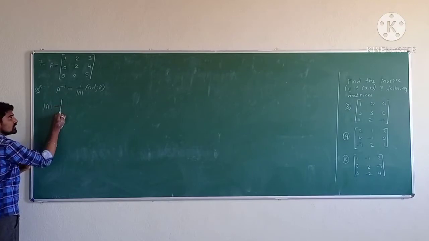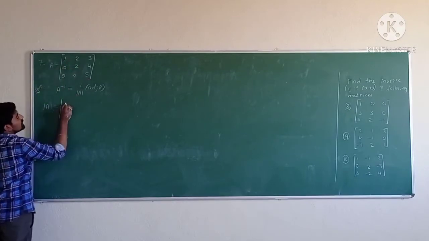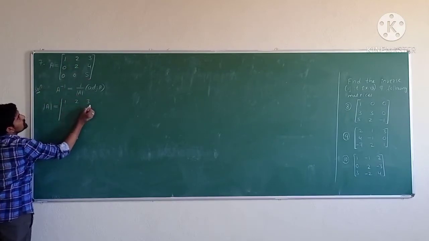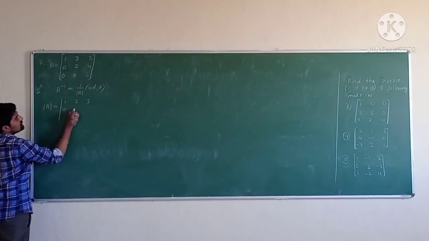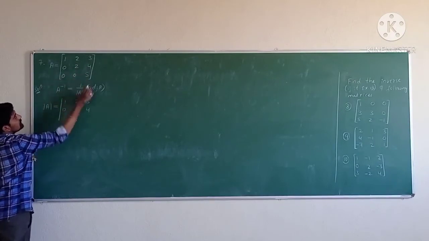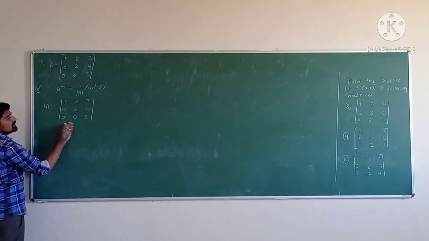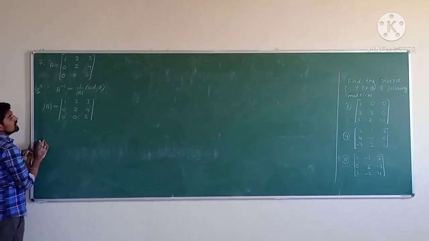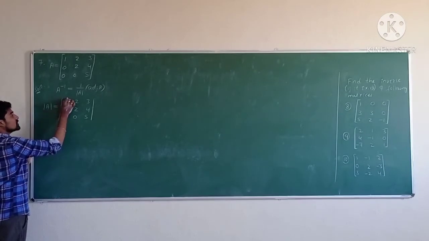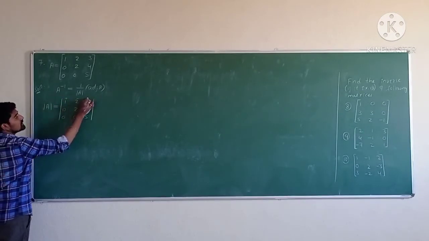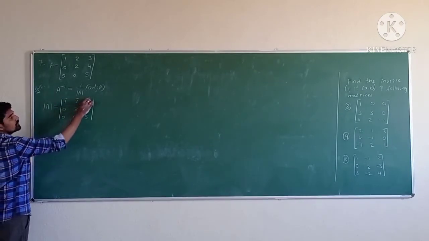So determinant of [1 2 3; 0 2 4; 0 0 5]. This is a third order determinant, and the signs associated to the first row elements are plus, minus and plus.